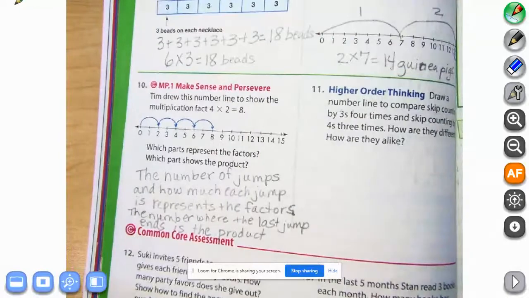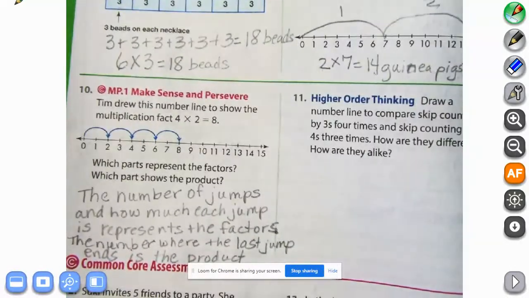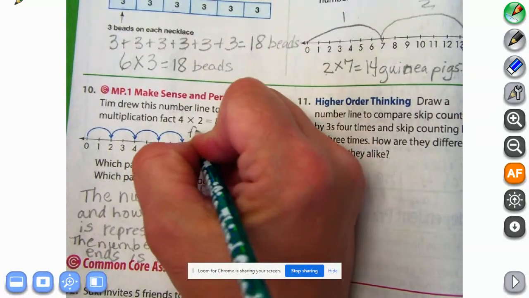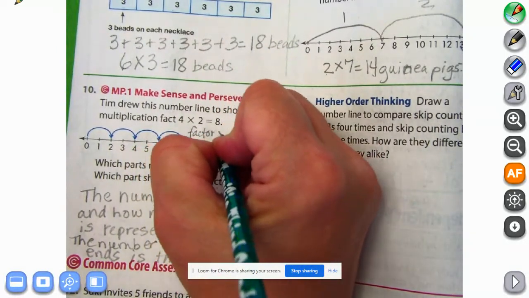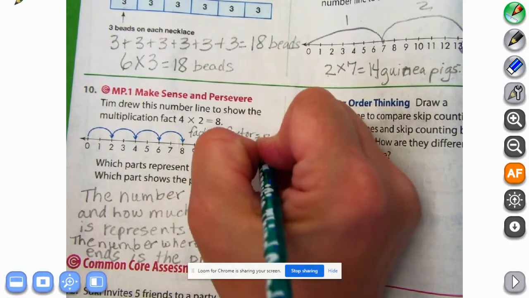Okay? Oops, let me get you scooted over here. All right, so basically, we have factor times factor equals product.